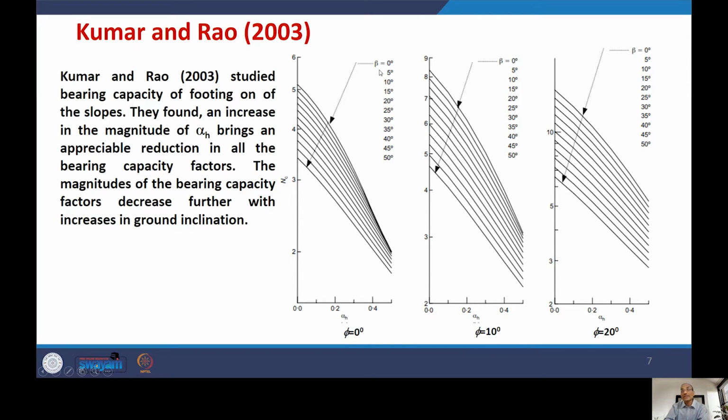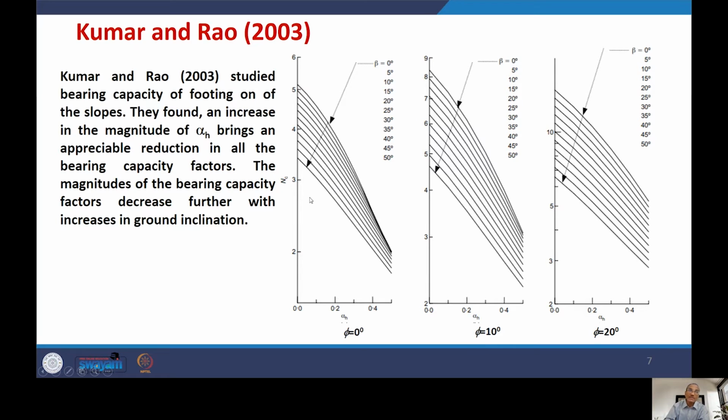Second, when the slope angle increases from 0 to 50 degree with an increment of 5 degree, 10 degree and so on, you could see that for a given value of alpha h, or say for the static case where alpha h is 0, due to the increasing slope angle the value of this bearing capacity factor decreases.